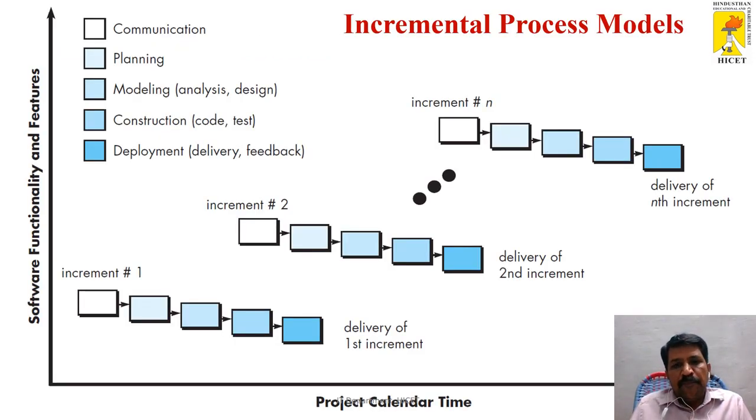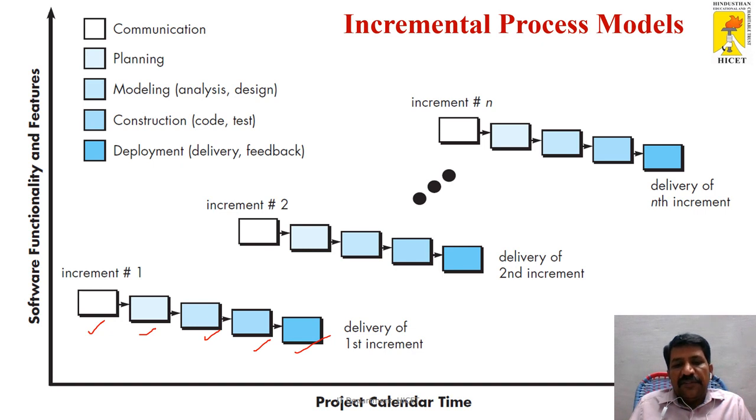Incremental process model. In this model, a project is divided into n number of increments, each increment done parallelly. So it is called a parallel and sequential process model. Here, take increment 1. First it will go through communication, planning, modeling, construction and deployment. So all these stages are sequentially performed.